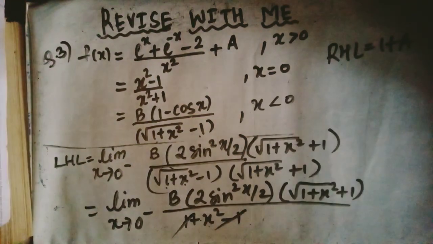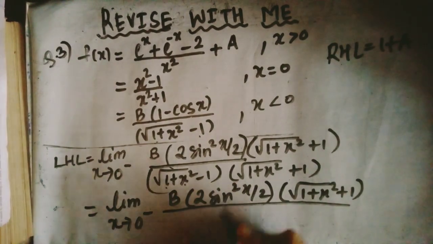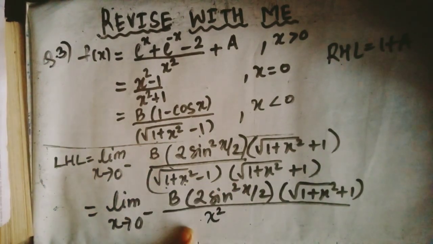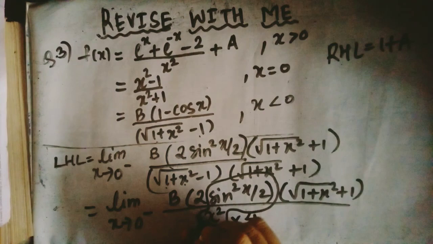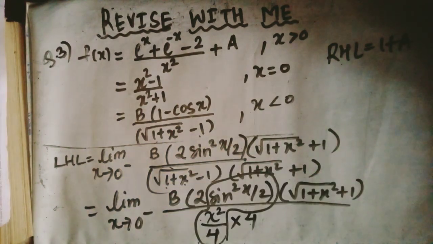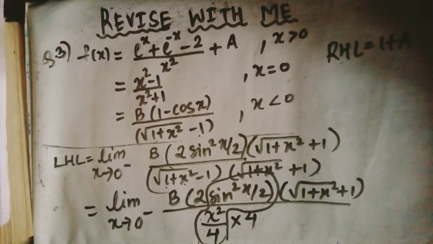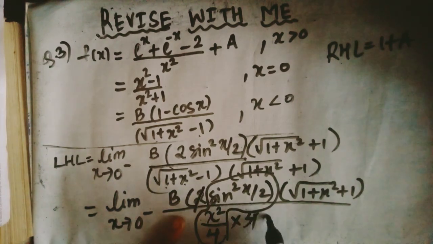So again we have to do the same thing, that is we have to make the angle equal. Here we already have x square, we have to make this angle x square by 4. So dividing by 4, multiplying by 4, this term becomes 1. Now you can cut this, 2 ones are 2, 2 2s are 4.